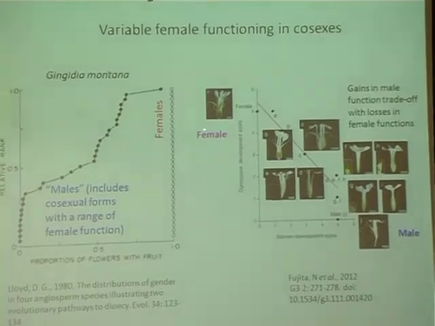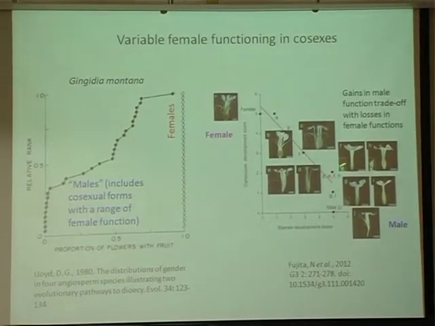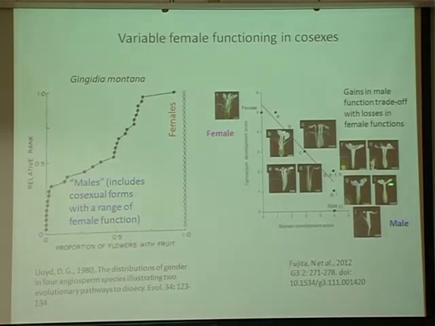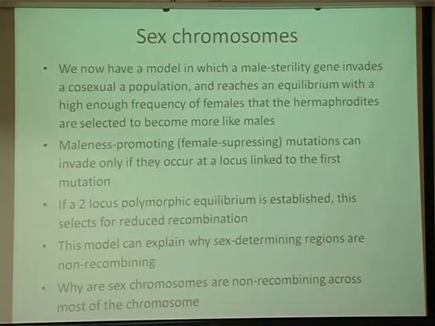This is a wild-type female and wild-type male, but plants can produce flowers in between, and if they've got mostly male function but not full wild-type male function, they seem to have somewhat smaller female parts, and if they are in between, they're in between for both, and if they're nearly female, they have very small male parts. So it's reasonable to think that these assumptions may hold in real organisms.